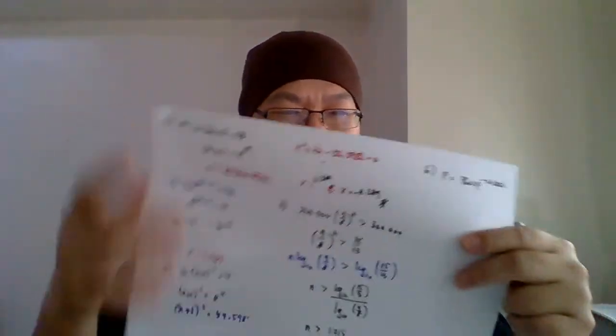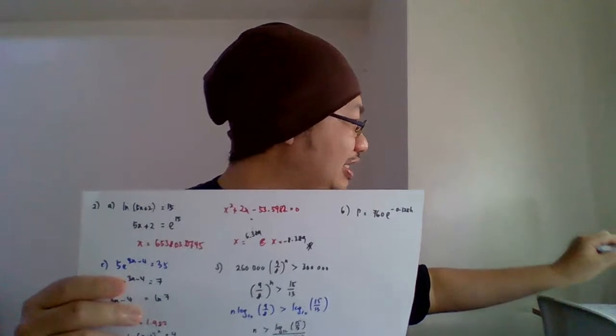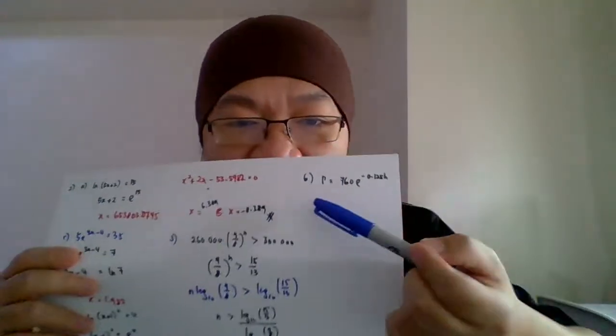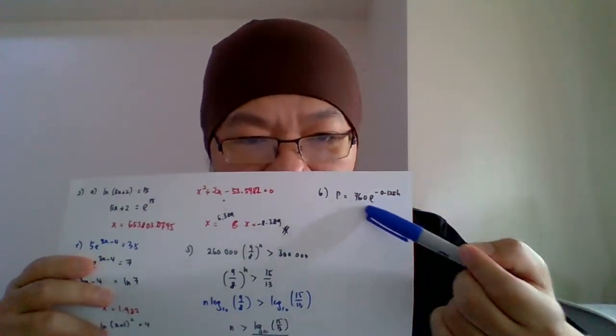Okay guys, actually it is very easy. This is your equation, where P stands for pressure. The pressure given here is 380, so just put 380 here and let it equal to this expression. The first step: 380 equals 760 exponent negative 0.125H.